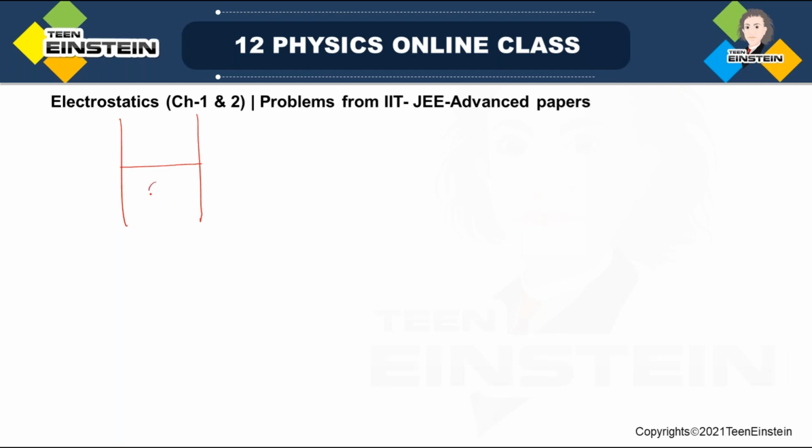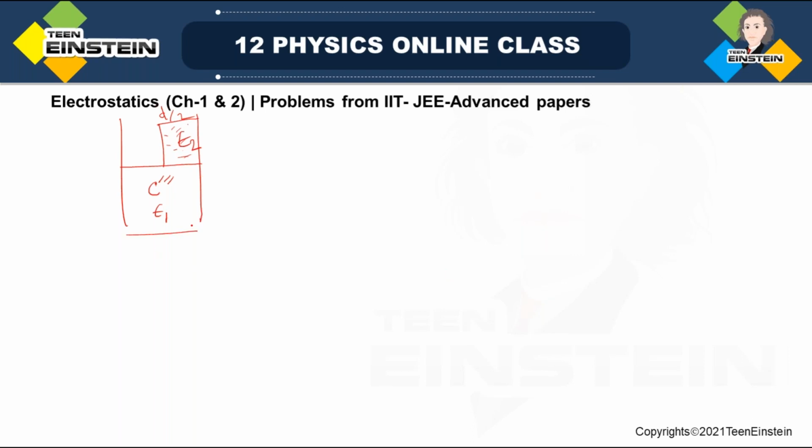This portion has capacitance C triple prime, say, and here the relative dielectric permittivity is epsilon 2, and this thickness is d by 2, this is also thickness d by 2.